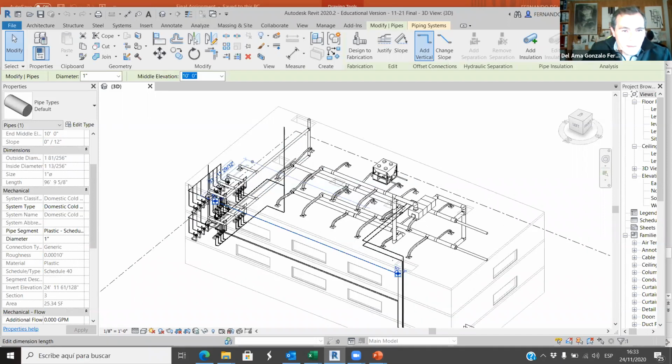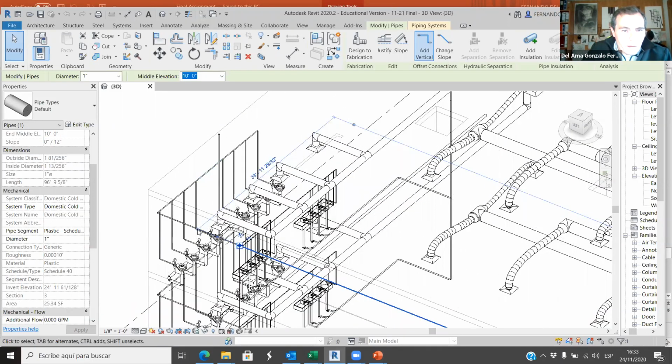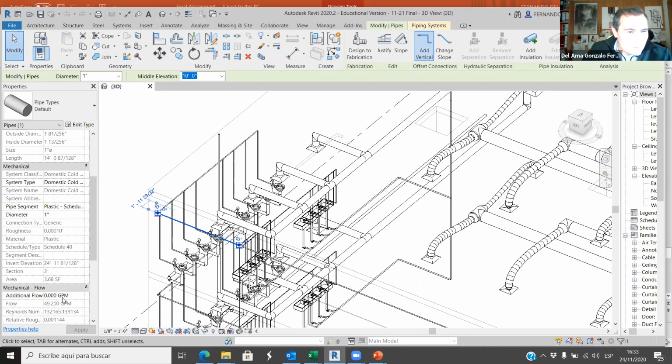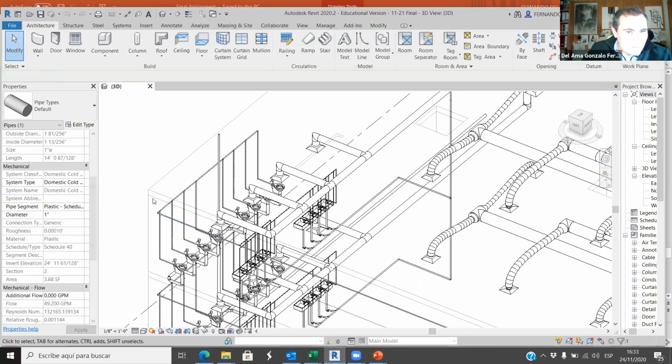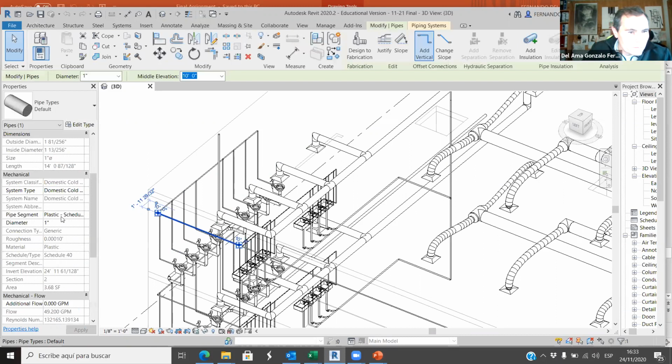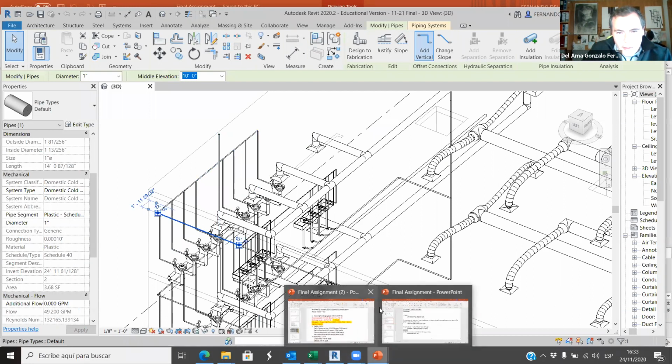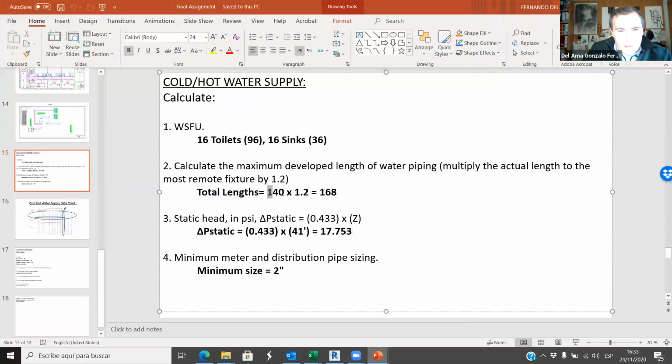This is 96. I don't see. Oh, 14. Okay, so you said that the maximum length is around 140. Yeah, makes sense. And then you have to multiply this by 1.2, and this is the total length, 168.